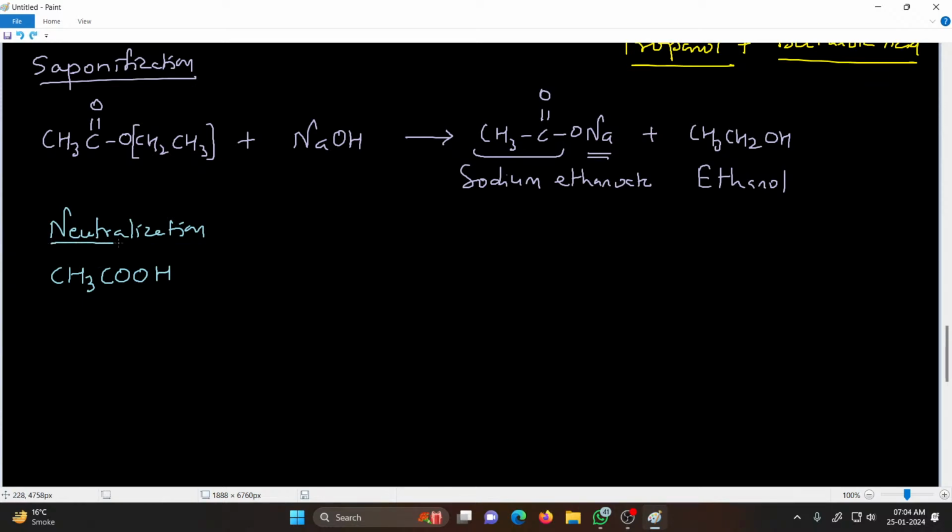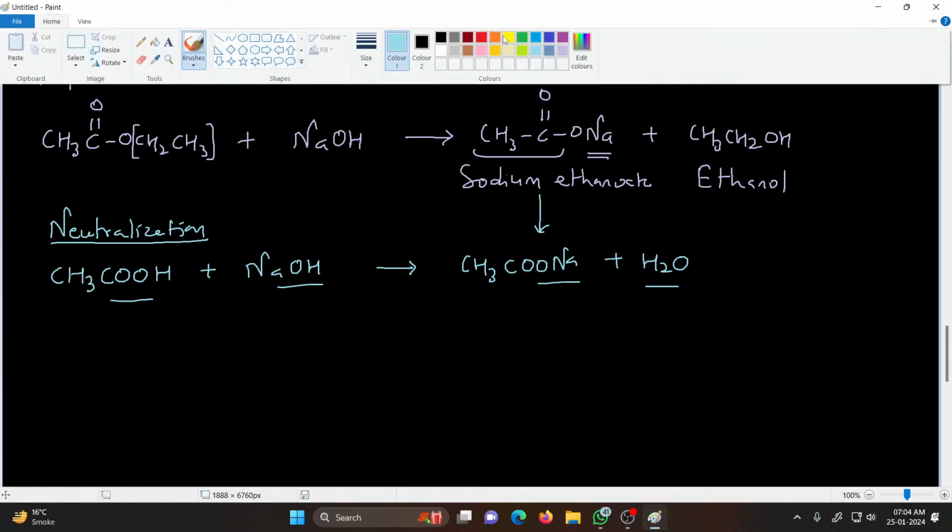Acid reacts with a base, so it reacts with sodium hydroxide to give salt and water. So it gives you CH3COONa, same compound, sodium ethanoate, plus H2O. So this is a simple neutralization reaction where acid combines with base to form salt and water.